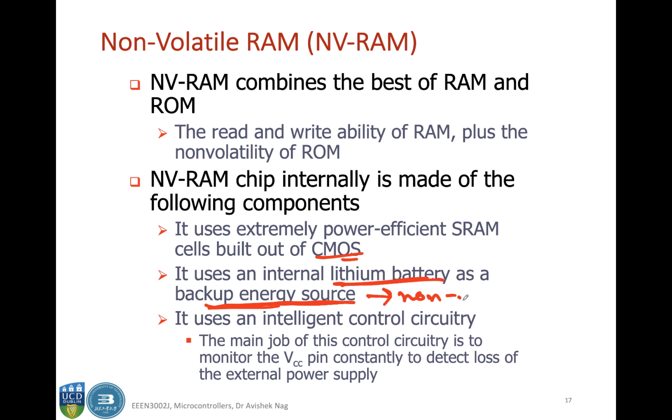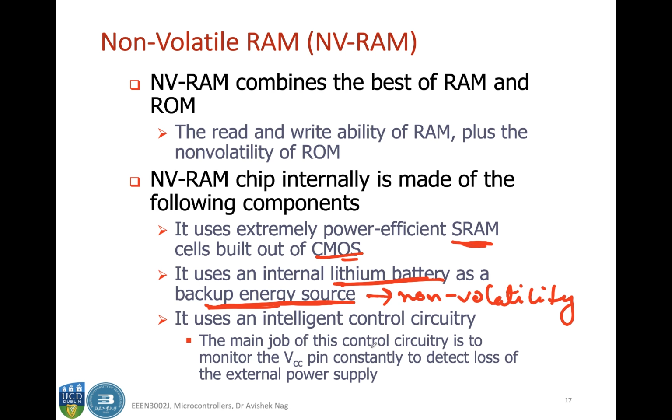When your supply voltage is switched off, this internal lithium-ion battery will keep providing energy to the SRAM cells so that they can hold the data. It uses an intelligent control circuitry.